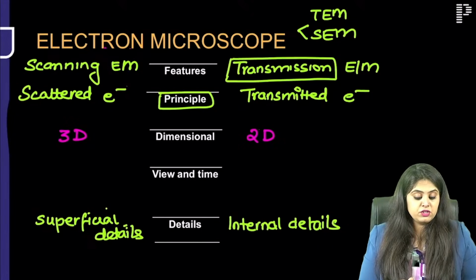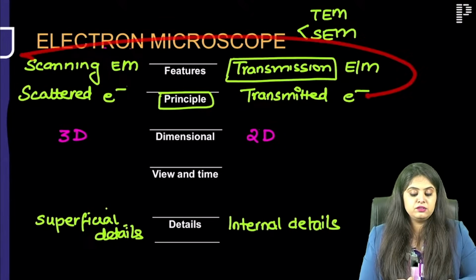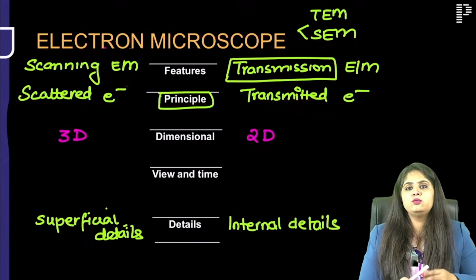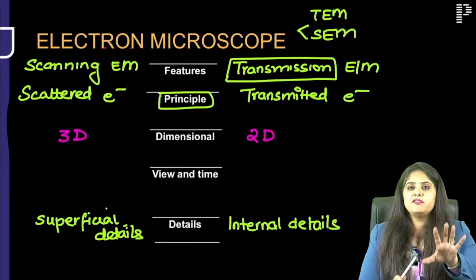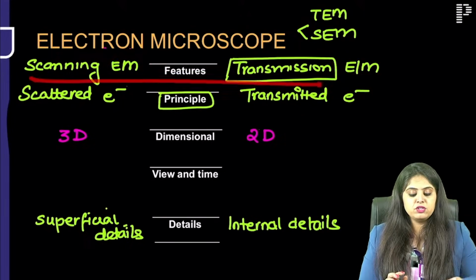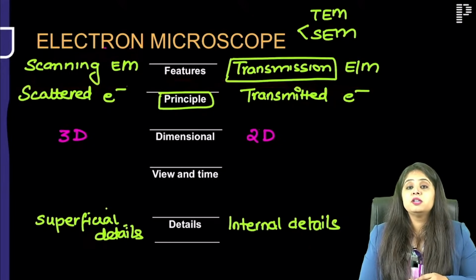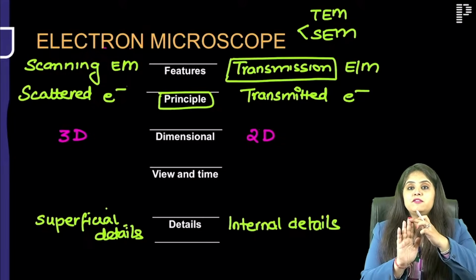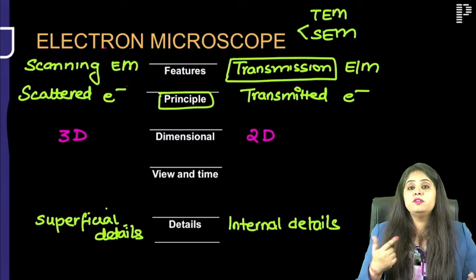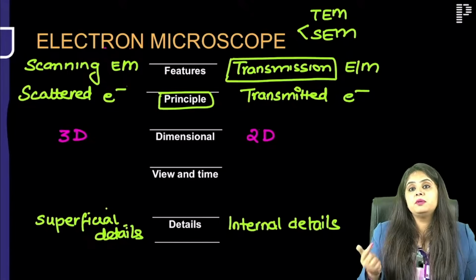Next. If I say you have 5 minutes to do electron microscopy, let me ask your logic. You have 5 minutes to do electron microscopy. In which out of these 2 electron microscopes will you be able to cover greater surface of the bacteria, that you can see the bacteria from this end to this end? You will be able to cover greater sample in lesser time.